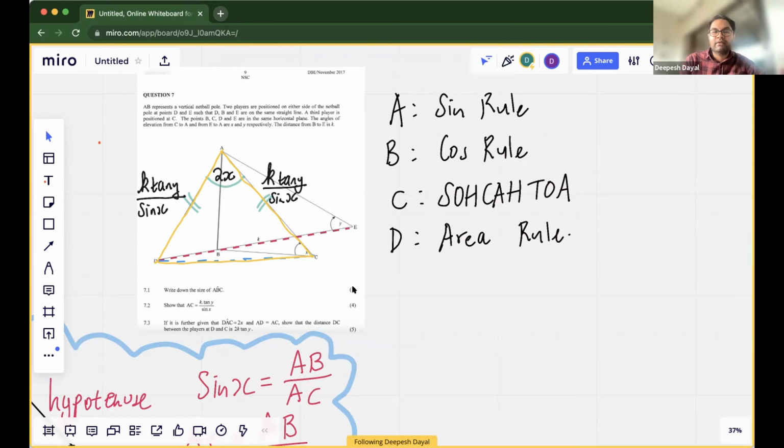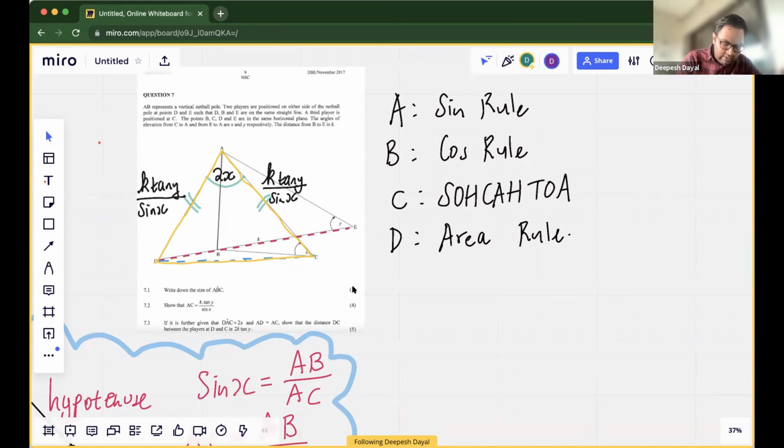Yeah. So I think let's maybe try sine rule first, right? So I'm going to look at the sine rule first and see what we can use from the sine rule to find these answers. So to find answers using the sine rule, we're just going to go back and recap.